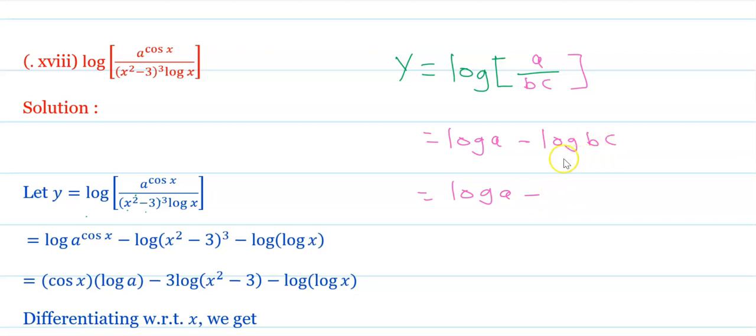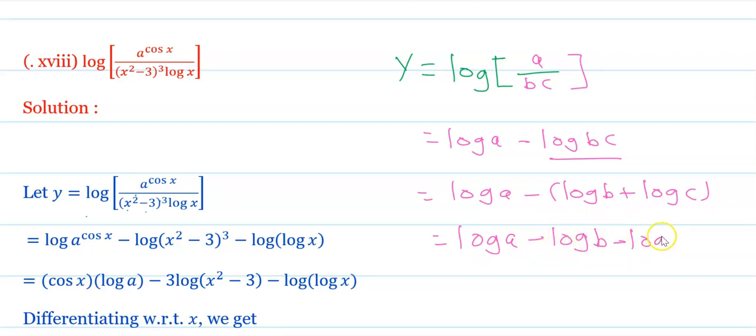Now we apply the multiplication rule here. Log of b into c means what? In bracket, log of b plus log of c. Open the bracket. Then you will get log of a minus log of b minus log of c. Similarly here, log of the first quantity, log of a raised to cos x, minus log of (x square minus 3) bracket raised to 3, minus log of log x.